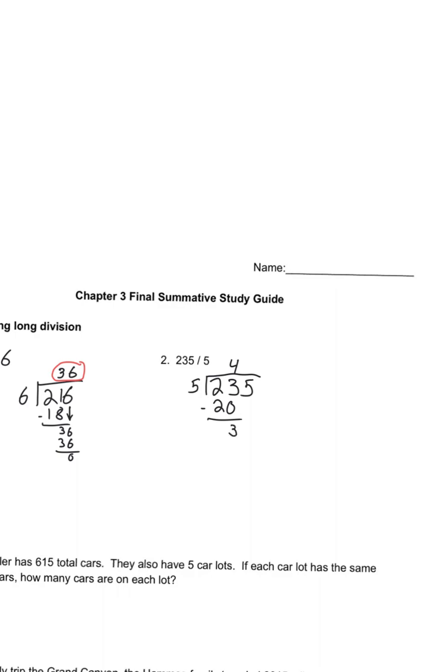Get 3. Drop your 5. And 5 will go into 35 7 times. 5 times 7, 35. No remainder. So your answer is 47.